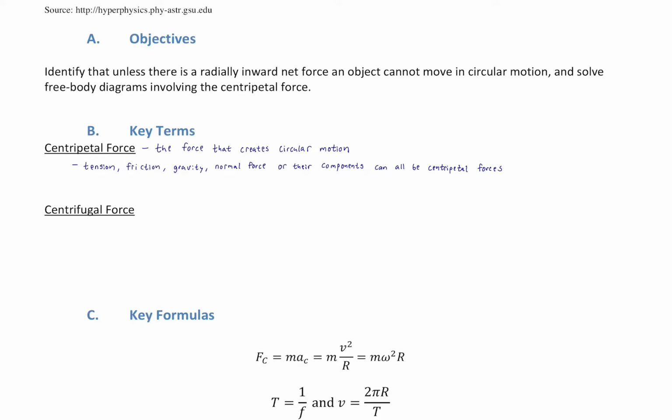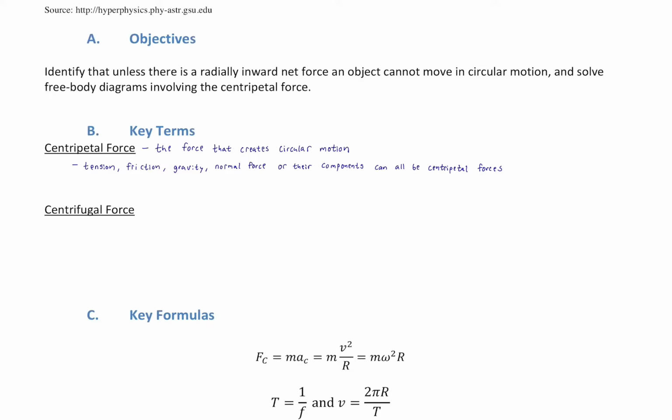Because the centripetal force isn't a force that just comes out of nowhere. There has to be a non-contact force, like gravity, or a contact force, a reaction according to Newton's third law, like tension, friction, or the normal force. You push on something, it pushes back. That pushback might achieve circular motion.